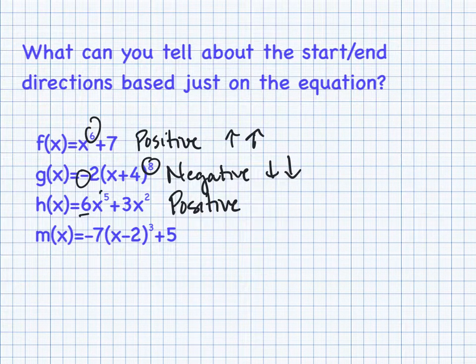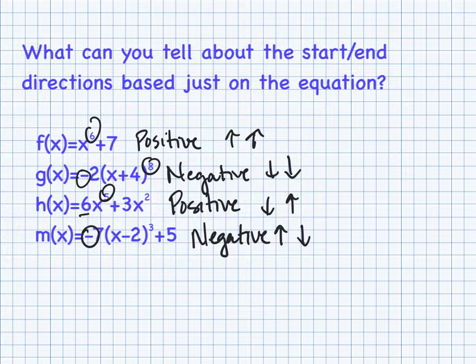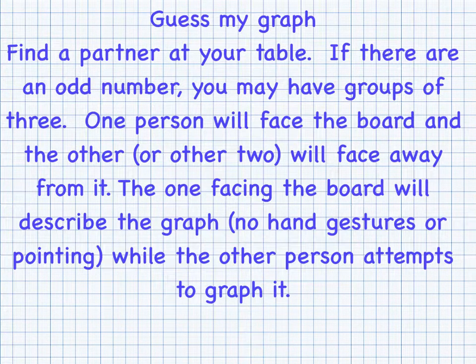And because that's in standard form, so that's our degree, our end direction is up, our start direction is down. That negative right there gives us a negative orientation, which means our end direction is down, our start direction is up. Okay.